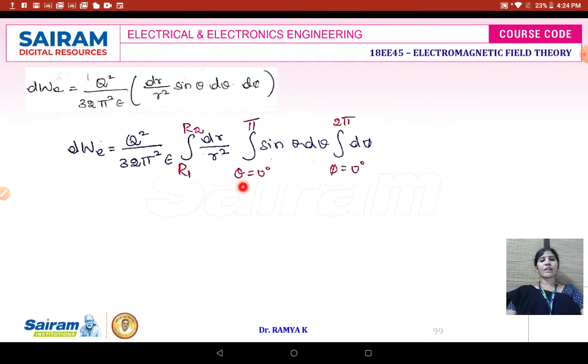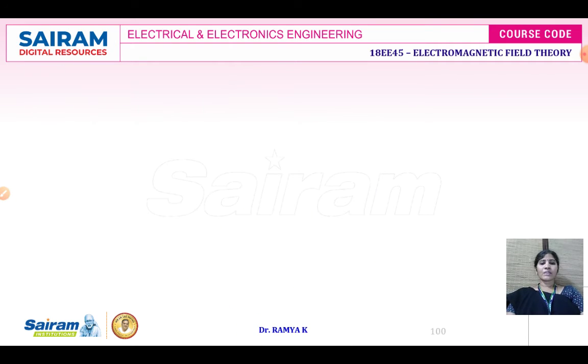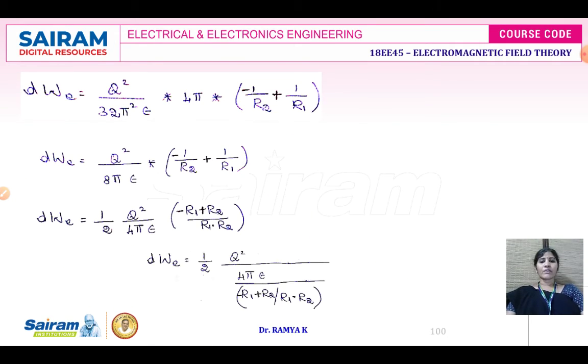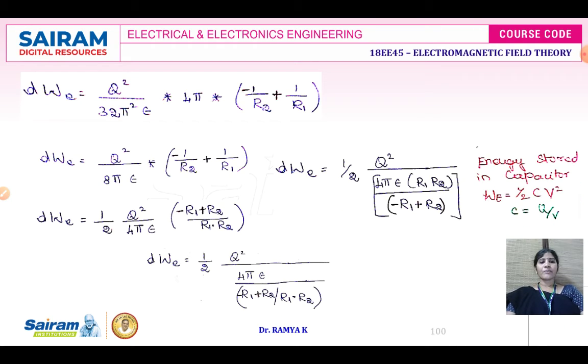Because theta is the angle from the z axis to the point under consideration, and phi is the angle made from the x axis to the point under consideration, so it can vary throughout your 360 degrees. After simplifying, the differential amount of energy stored can be obtained as 1 by 2 Q square divided by 4 pi, times R1 R2 divided by R2 minus R1.